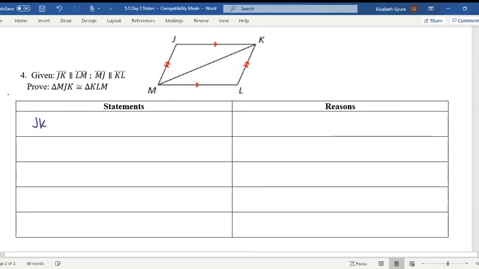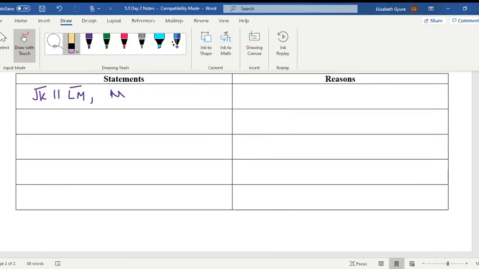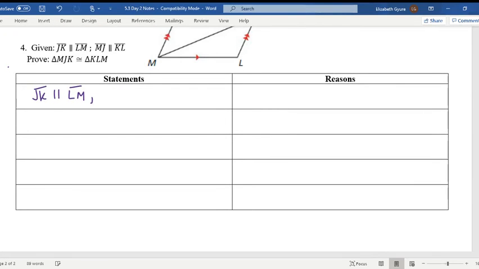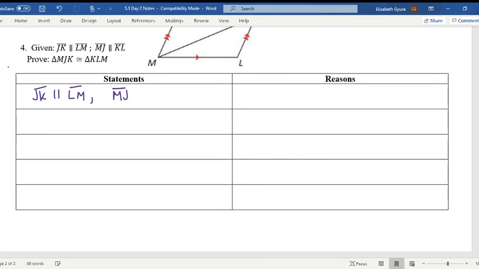We know that segment JK is parallel to segment LM. Segment MJ is parallel to segment KL. That is given. And we want to prove that triangle MJK is congruent to triangle KLM.